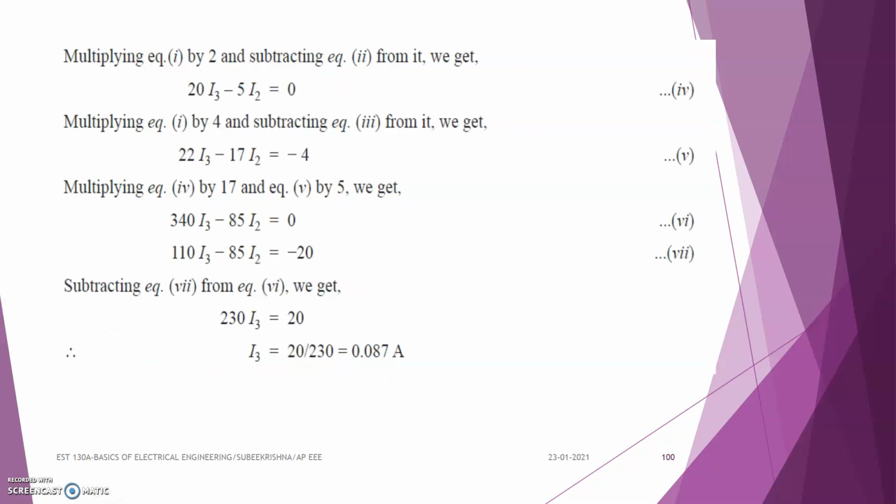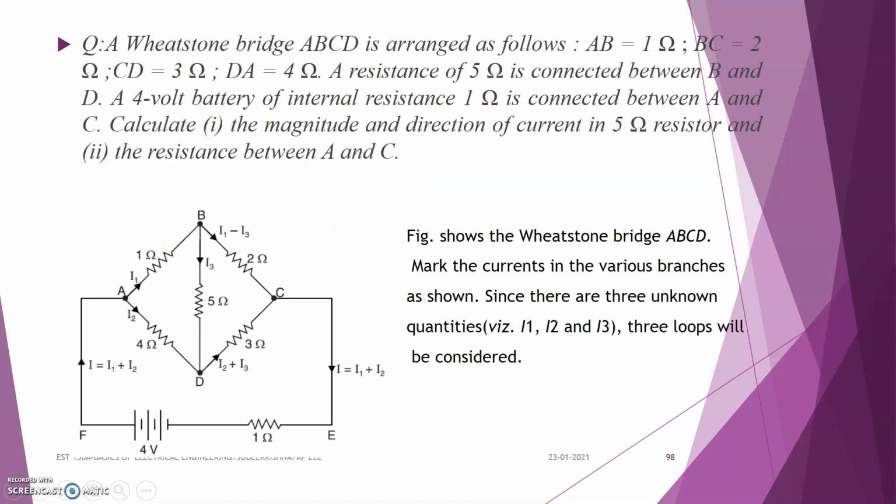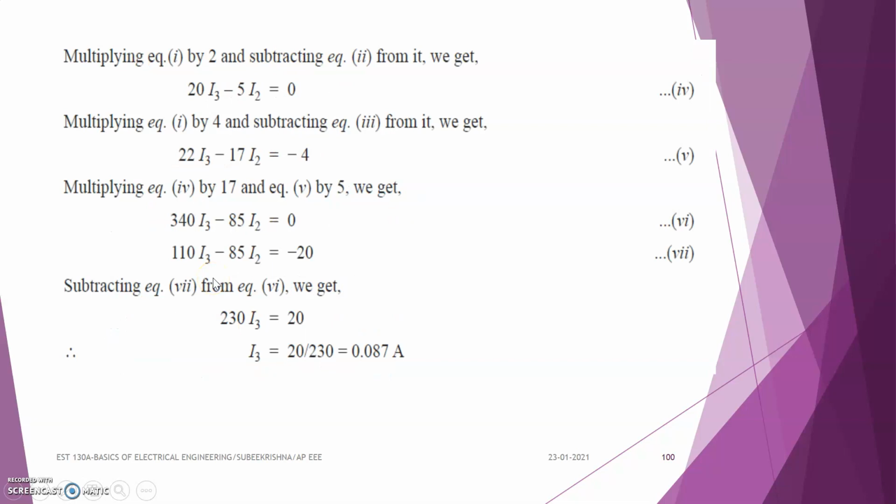On analyzing this equation, we can get the values. I3 is the current which is flowing through the 5 ohm resistor, and we have to find out its value. For that we are analyzing these three equations, and we get the value of I3 as 20 divided by 230, that is equal to 0.087 ampere.